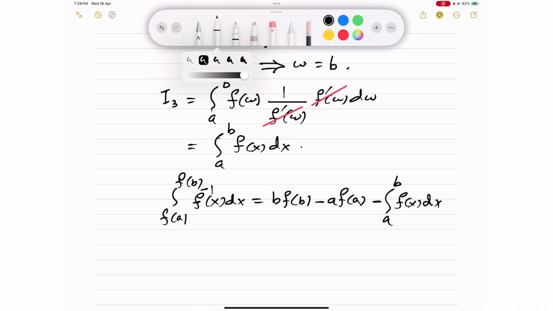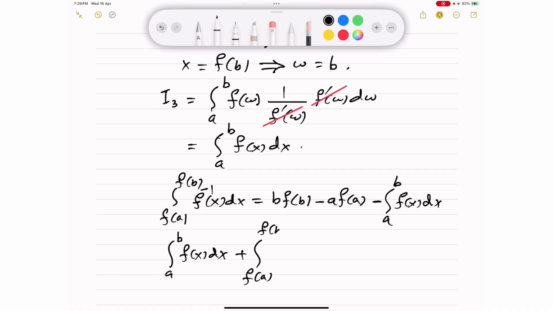So that tells us that the integral from a to b of f of x dx plus the integral from f of a to f of b of f inverse of x dx is nothing but b f of b minus a f of a, which is simply a difference of two rectangles, a big rectangle and a small rectangle.